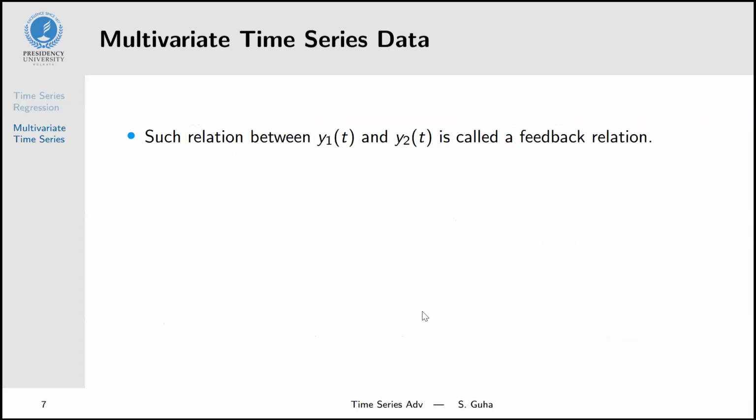Such a relationship between two variables is generally called a feedback relation. If y1 increases, y2 increases, and if y2 increases, that eventually pushes y1 to increase. Such systems are called feedback systems, and such a relation is called a feedback relation.